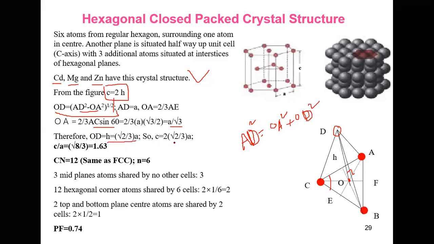So it will be 2√2 by 3 A, or C by A will be root of 8 by 3, which is 1.63. That means if you have an ideal hexagonal close packed crystal structure, the C by A ratio will be 1.63.